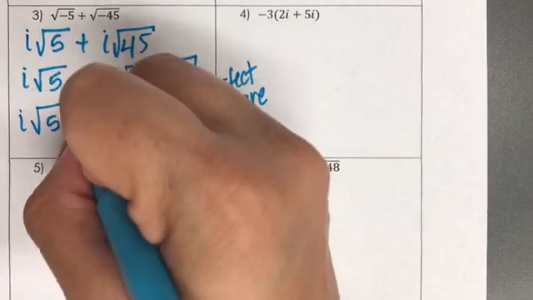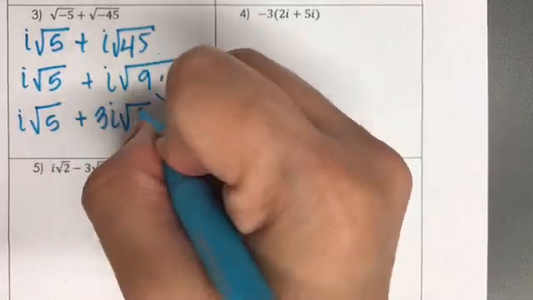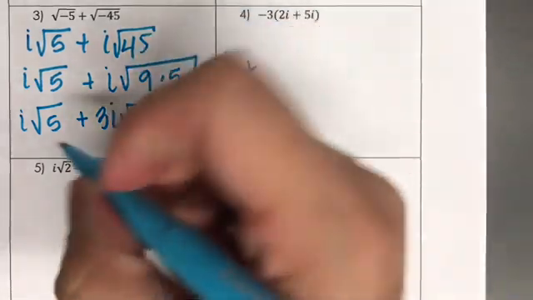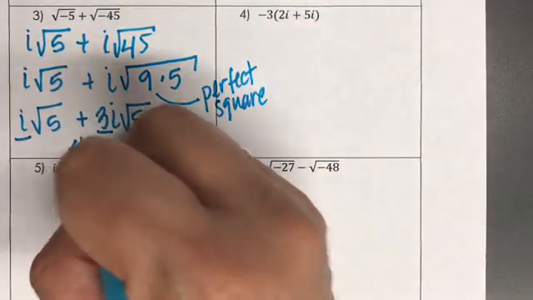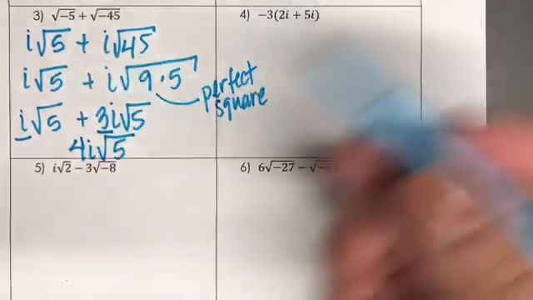Square root of 5 plus 3i square root of 5. So then you're going to say, collect both terms, 4i times the square root of 5.